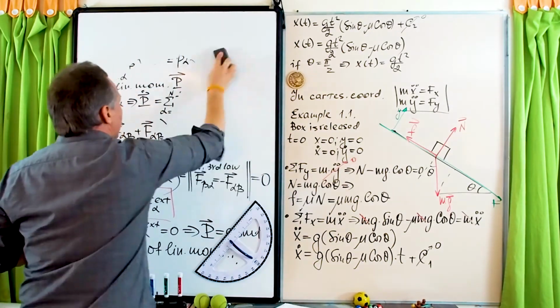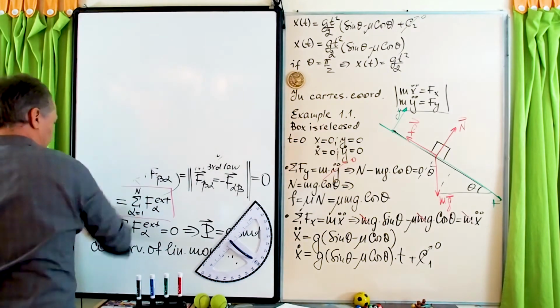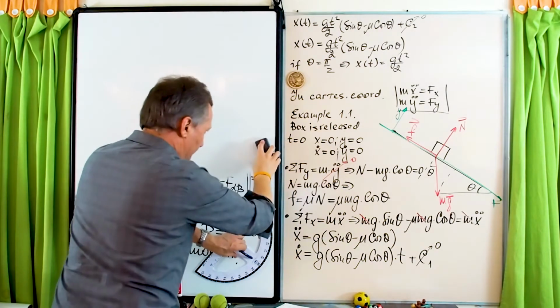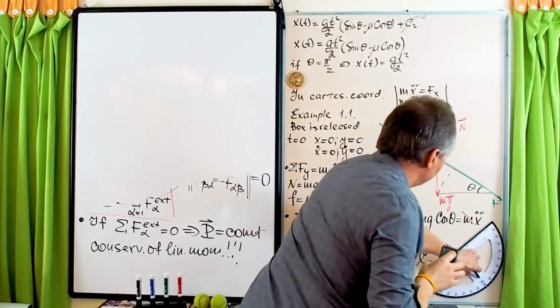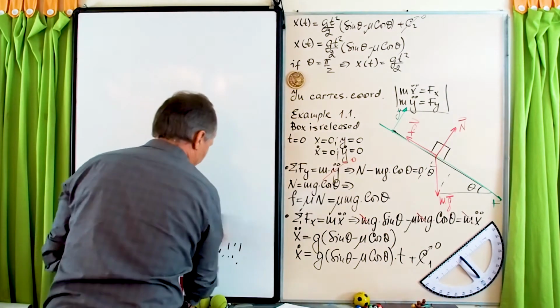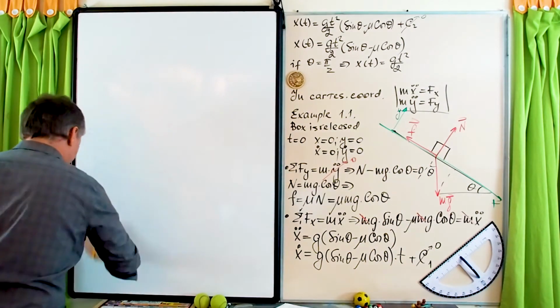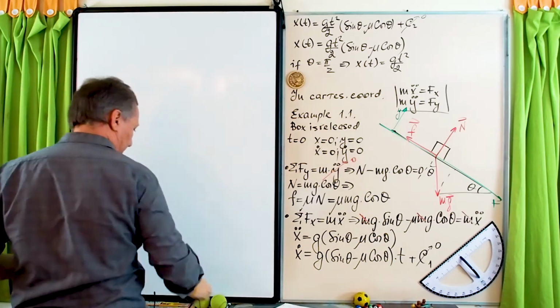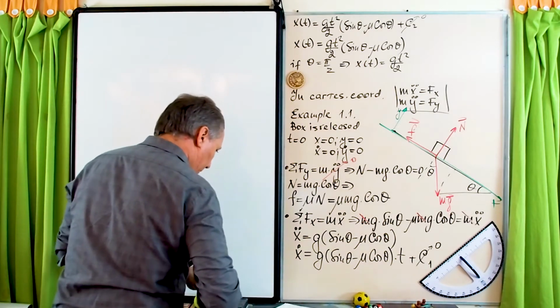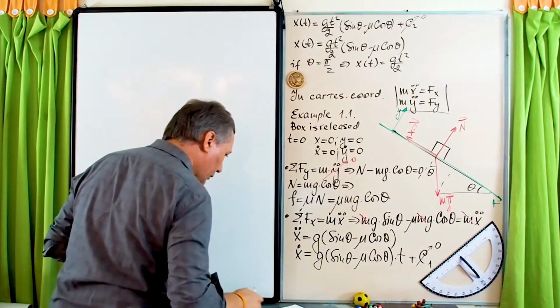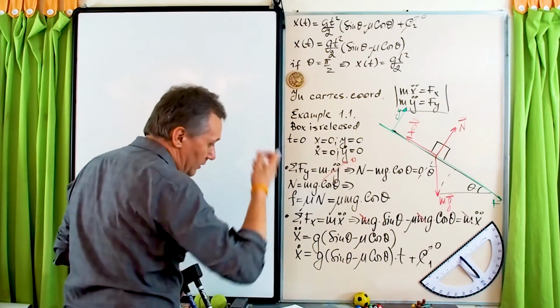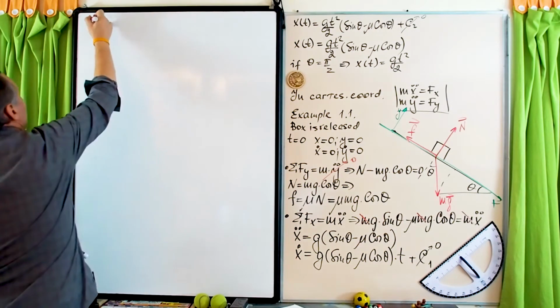The same z-axis stays. I don't need this. So which way do I label it? Okay, Newton's second law in two-dimensional polar coordinates.